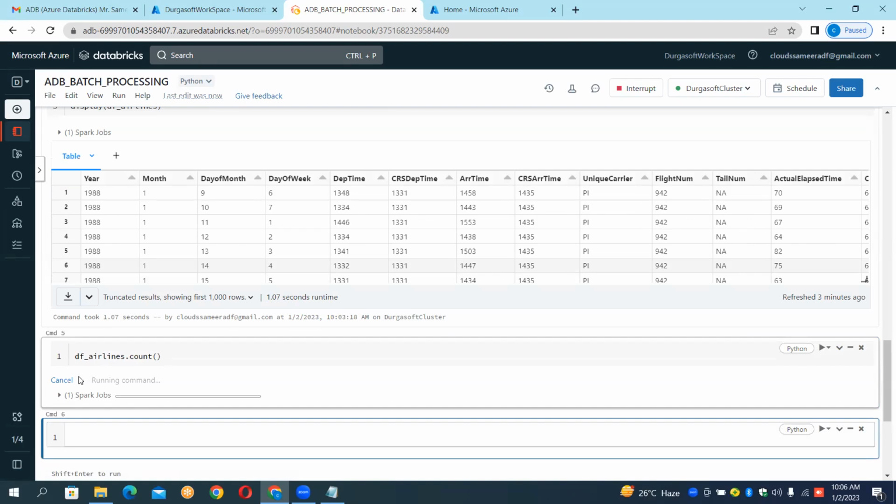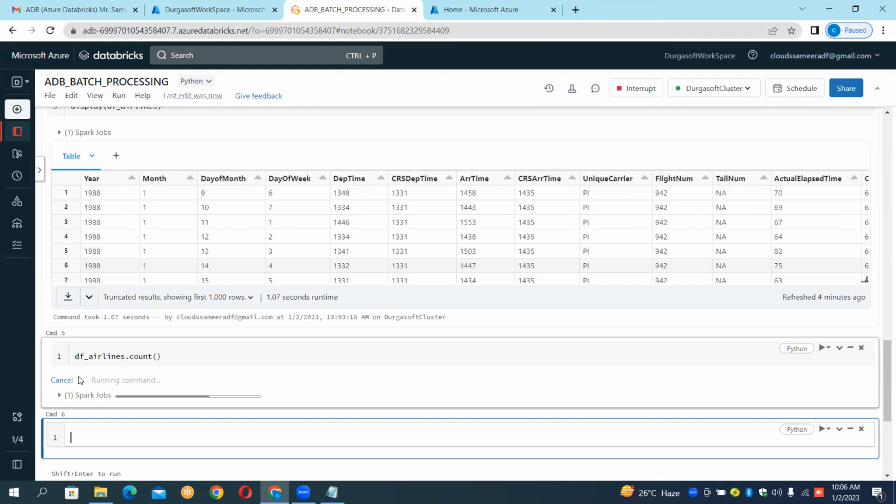Counting is also taking much time. You have very huge data.